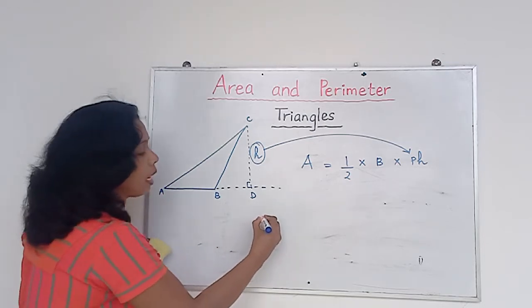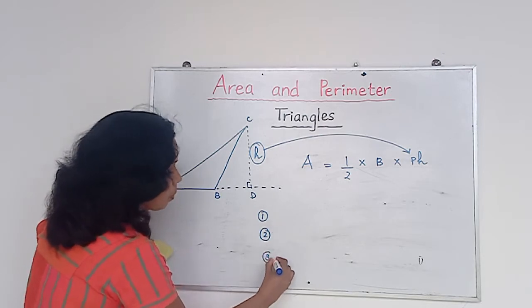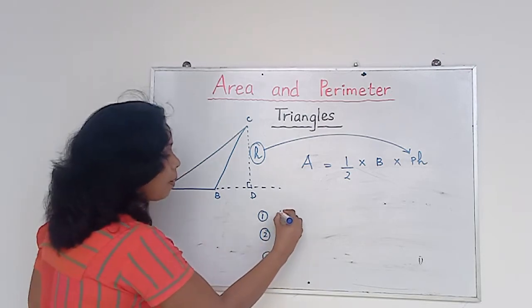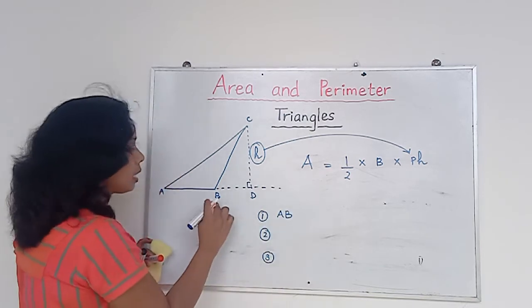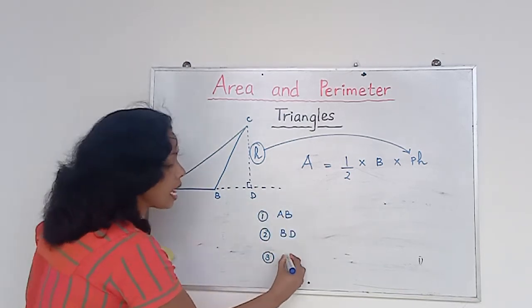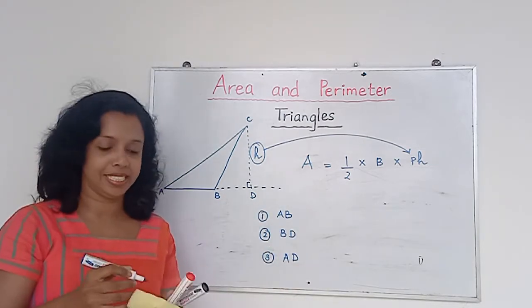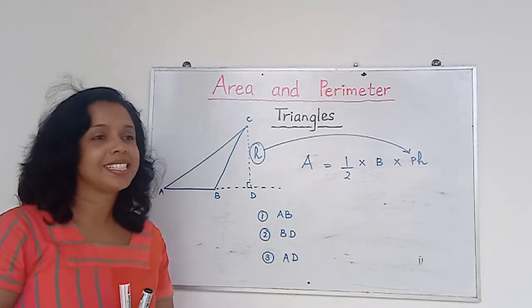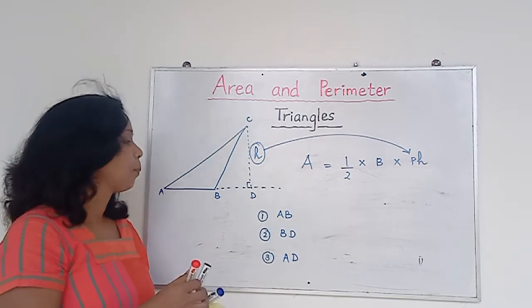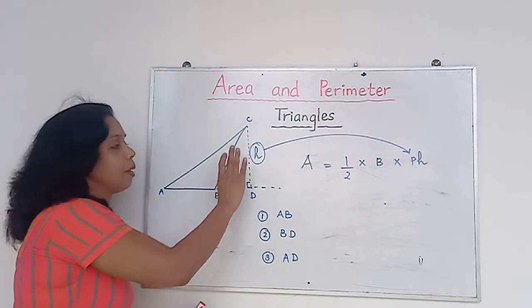Tell me, and I'll give you three options. First one, AB. Second one, BD. Third one, AD. Out of these three options, tell me, what is the length you are going to select as the base of this perpendicular height.